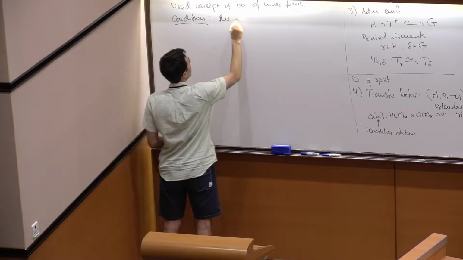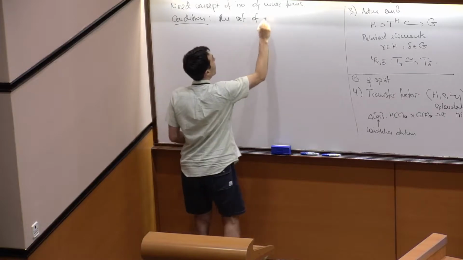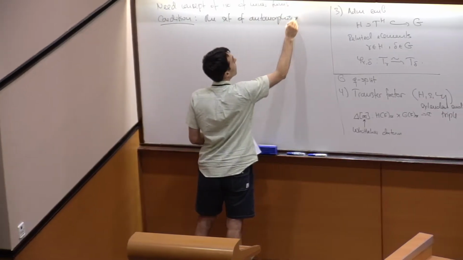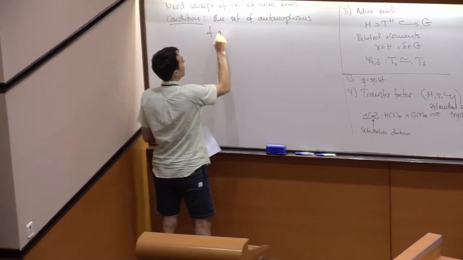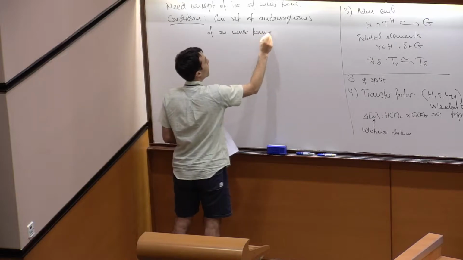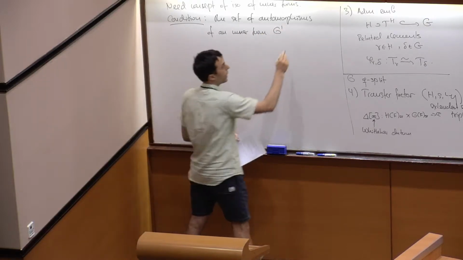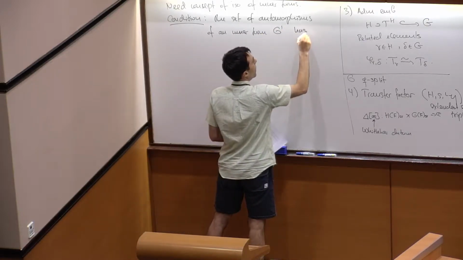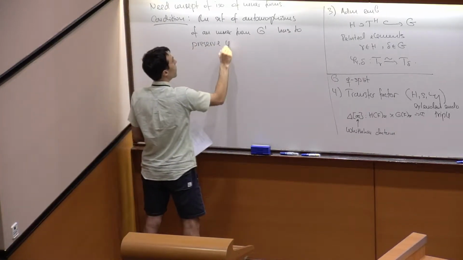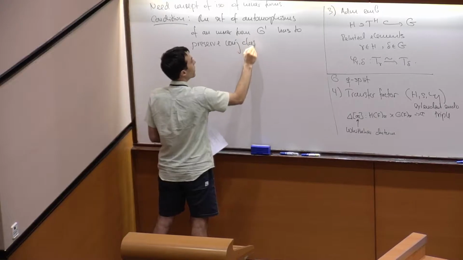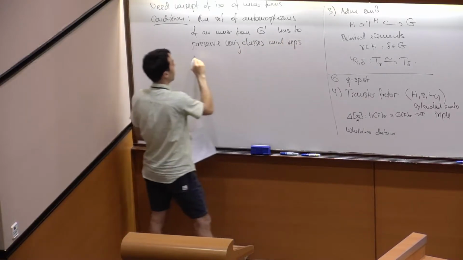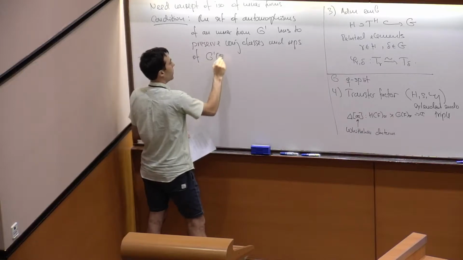The set or group of automorphisms of an inner form G' has to preserve conjugacy classes and representations of the F-points.